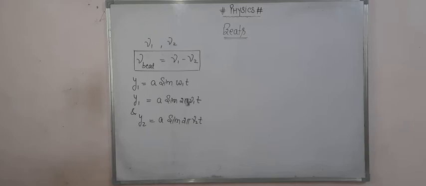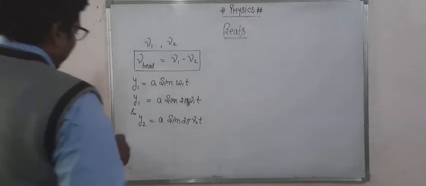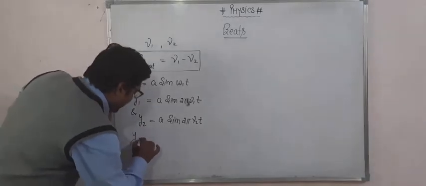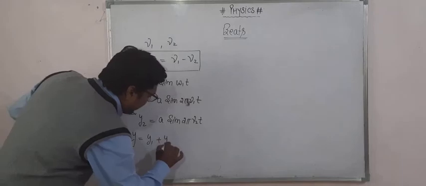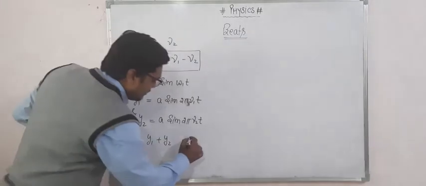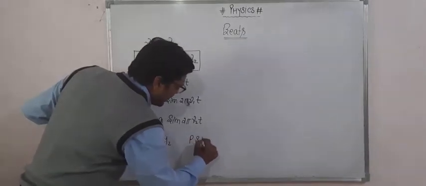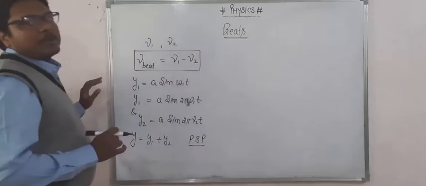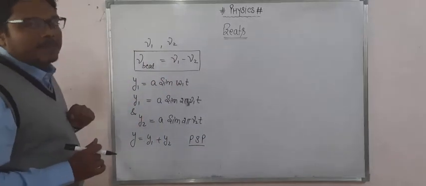It means you can see clearly from the equations of y1 and y2 that the amplitudes of the waves are the same and the frequencies are slightly different. Then how can we get the beat frequency? By superposition of waves, we get the final answer as y equals y1 plus y2. This is the principle of superposition, that's why I'm writing PSP.